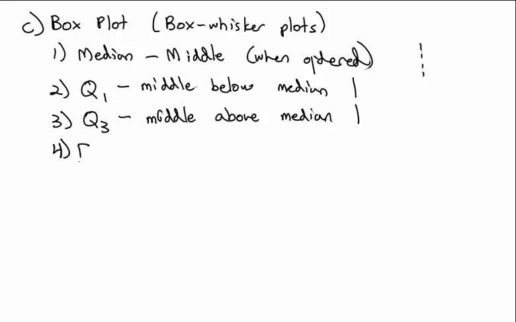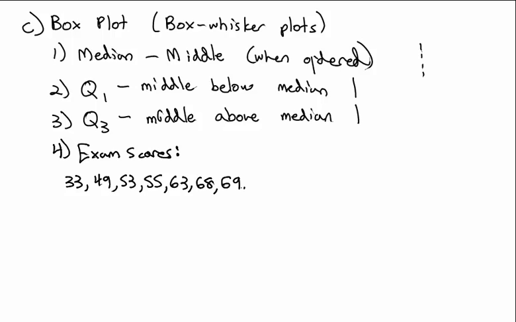So let's take a look again at the exam scores that we've been working with throughout this example. We've got 33, 49, 53, 55, 63, 68, 69, 72, 74, 80, 88, 88, 92, 94, 94, and 100.